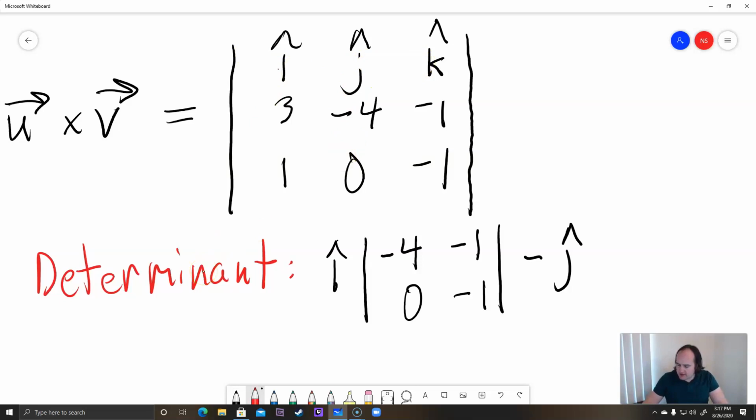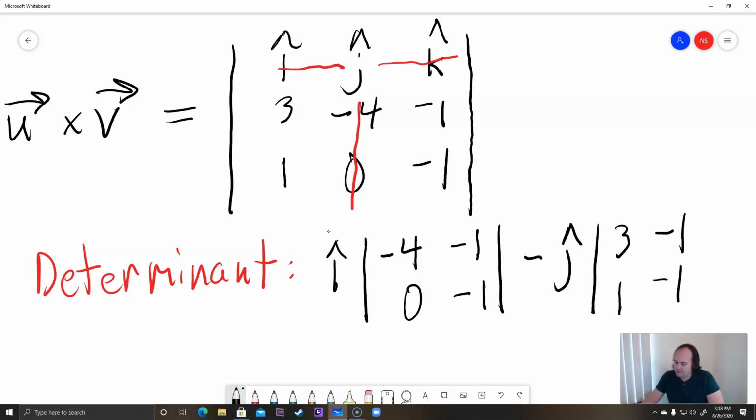If I cross out the row and column that j is in, now we multiply this times the determinant of whatever I didn't cross out. So the stuff that I didn't cross out is going to be the matrix 3, negative 1, 1, negative 1.